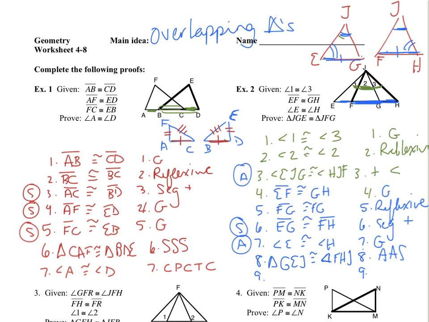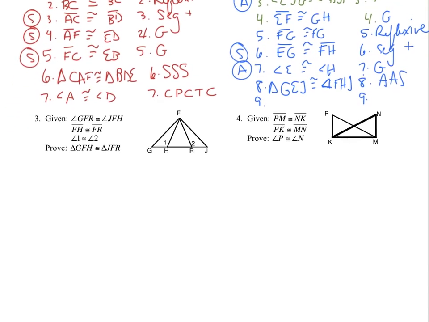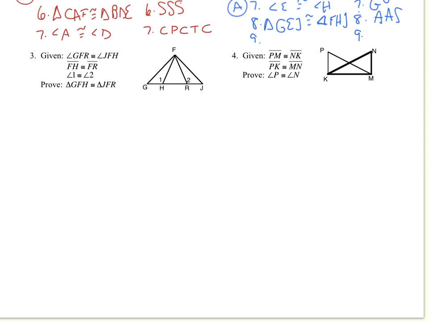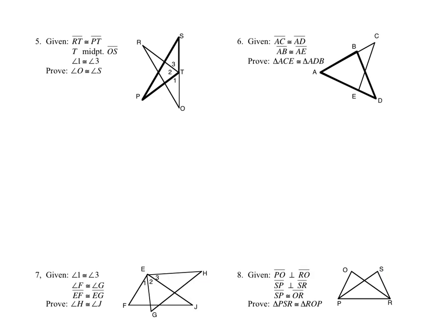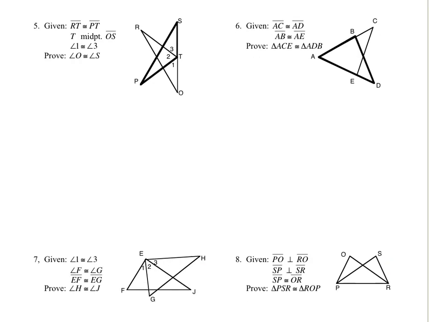Now you're going to go on and do the rest of the problem. So you only have 3, 4, and then on the back side 5, 6, 7, and 8. Be careful when you do number 5. Make sure that you separate these triangles. So if I'm doing number 5, I have this triangle, which is right here.